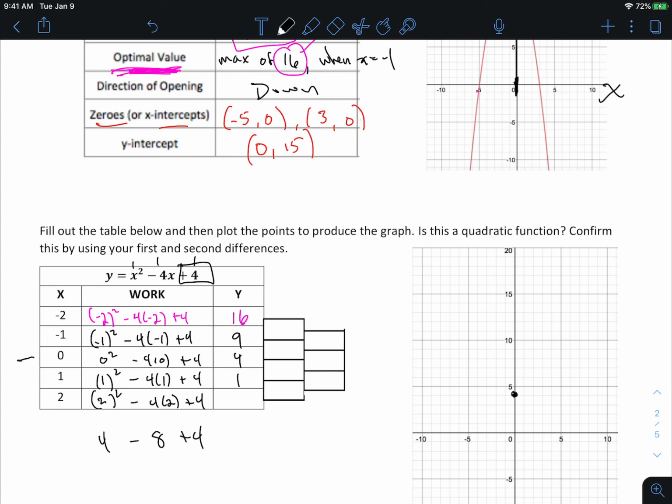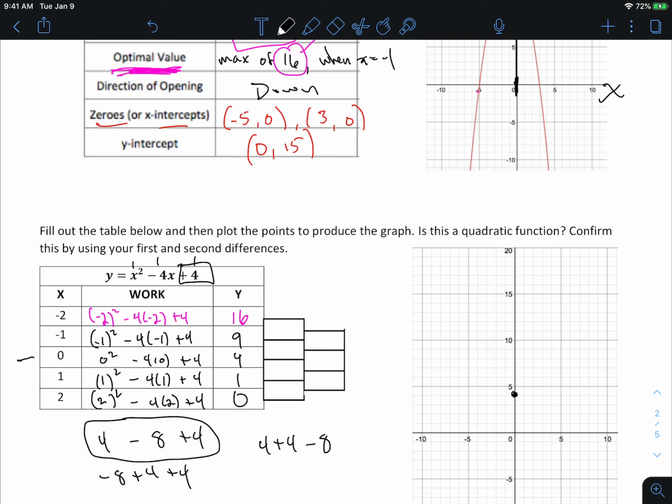We can rearrange it too, right? So you could rearrange this and have negative 8 plus 4 plus 4, if you like, or you can have it 4 plus 4 minus 8. Yeah, so it's easier. So it's 0 then, because 4 plus 4. Yeah. So I thought. Good.